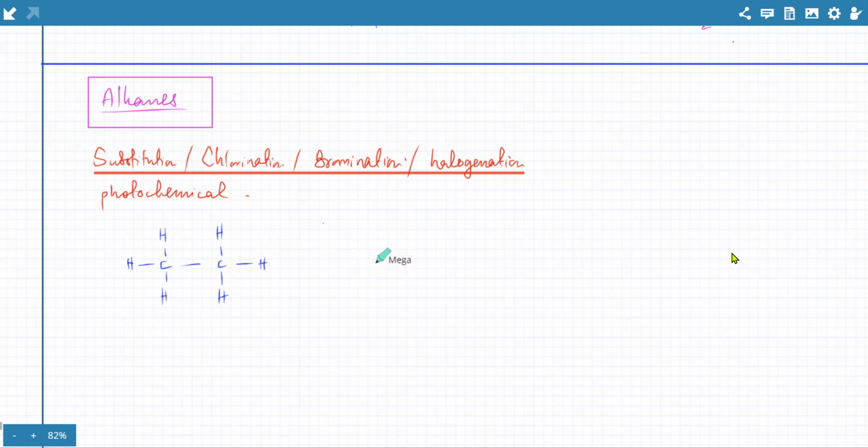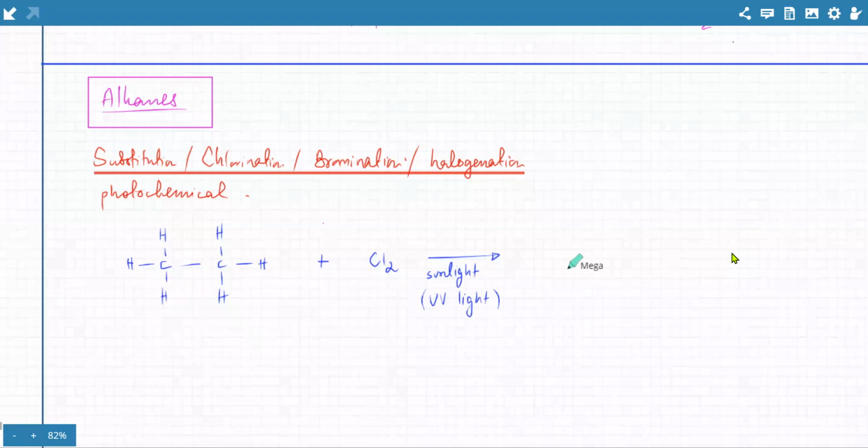So this is your alkane, and it would react with, let's say, chlorine. There's only one condition for the reaction, and that is the presence of sunlight. You can call it sunlight or the presence of ultraviolet light. That is the only thing that is needed for the reaction.